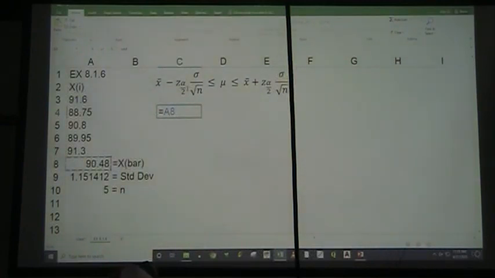In that case, what we would do is say minus 1.96, right? Remember that from the last example problem, times standard deviation divided by square root of n.